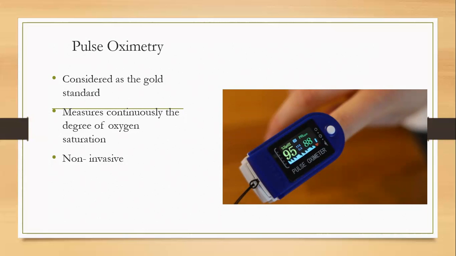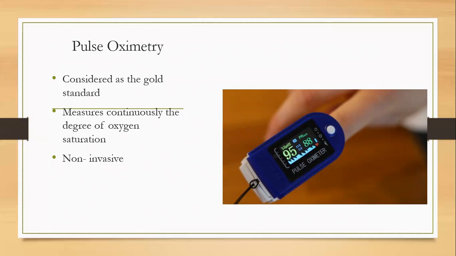Now, how it works specifically is that it has a sensor that has 2 elements, one that emits light in red and infrared wavelengths, and the other element detects light transmitted through tissue.